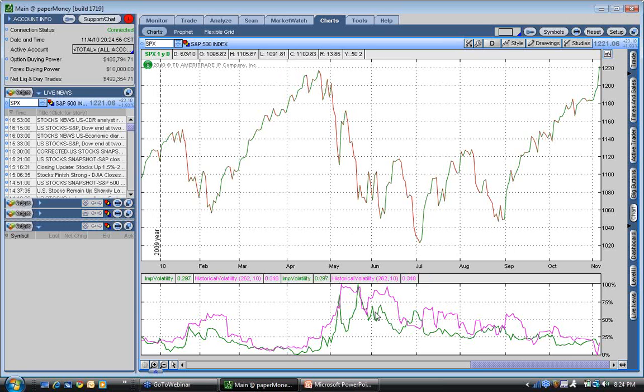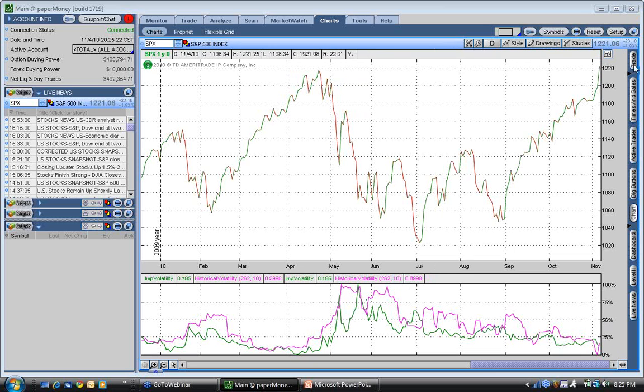There are other ways to look at this, but this is one way. People look at 10-day versus historical. This is 10-262, so it's 10 in a 262-day trading year. But there are guys that use this.